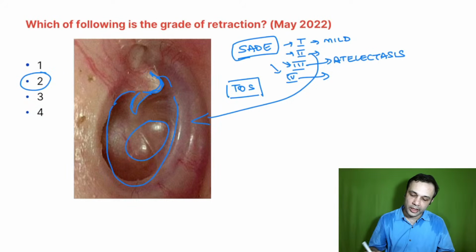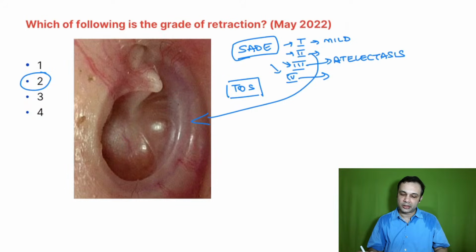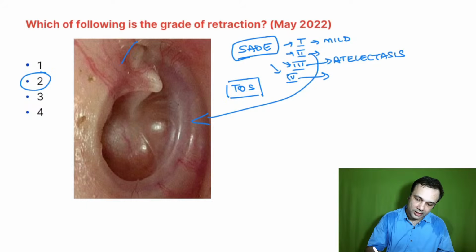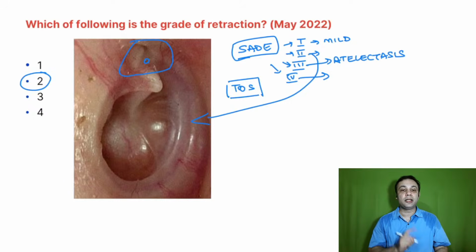When you talk about grade of retraction of the pars flaccida, let me tell you in this image itself, I had a slide on description of each one of them, but it's easier to describe with this image, right? So when you talk about pars flaccida, what happens? You see this area, this is pars flaccida. A small dimple over the pars flaccida is TOS grade 1.